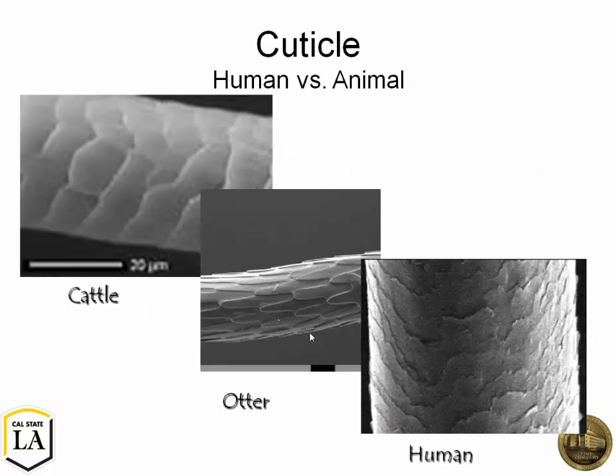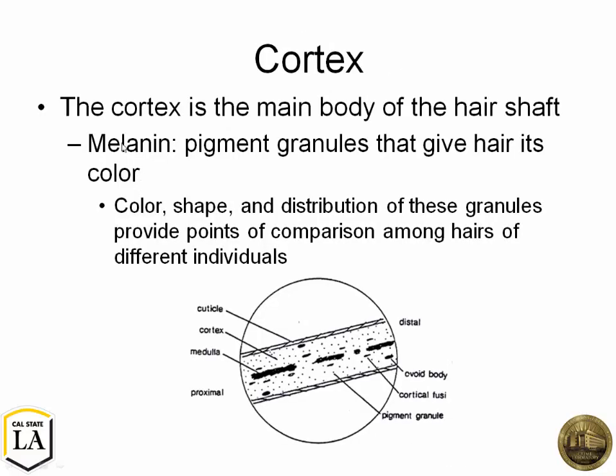And so here's some high-res images, probably with a scanning electron microscope, where you can see this is what cattle, otter, or human scaling pattern looks like. You can tell they're pretty different. So that can be useful, and just a way to rule out what type of hair it is.